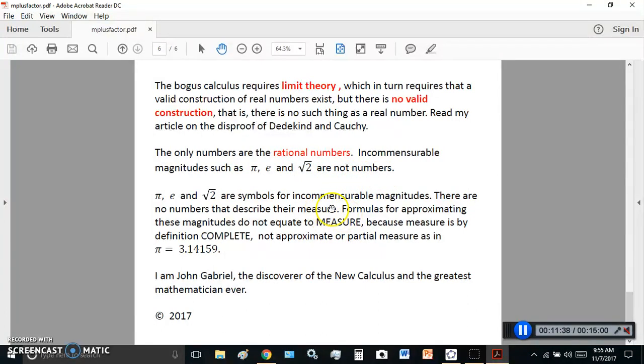They are symbols for incommensurable magnitudes. There are no numbers that describe their measure. Formulas for approximating these magnitudes do not equate to measure, you idiots. Because measure is by definition complete. It's not approximate or partial, as in a Taylor series or a binomial expansion or any other nonsense that you care to think about, because your brains are dysfunctional.